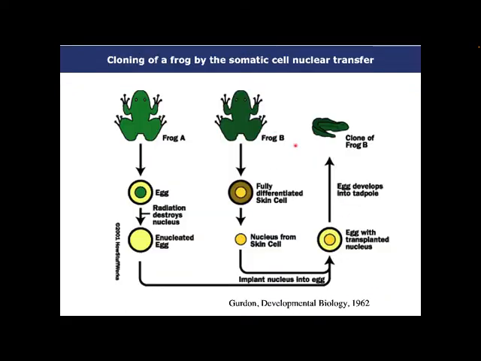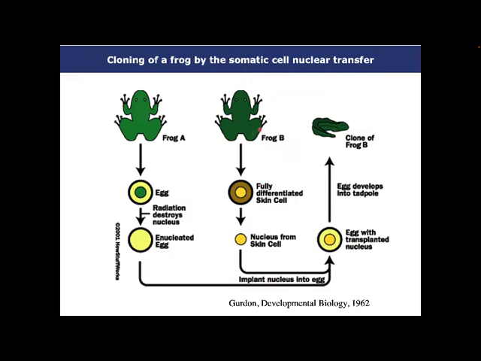Here is the famous experiment performed by John Gurdon, published in 1962, which eventually got the Nobel Prize. Here is a cloning of the frog by somatic cell nuclear transfer. From frog A, we isolate the egg, and by adding radiation, which destroys the nucleus, we create the enucleated egg.